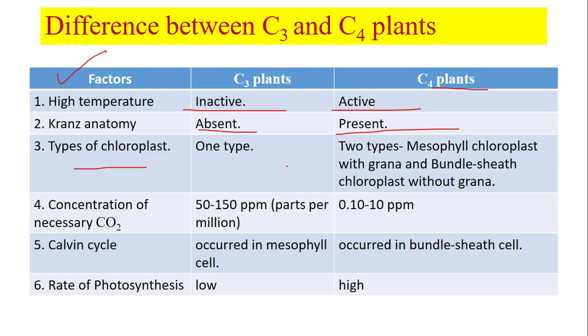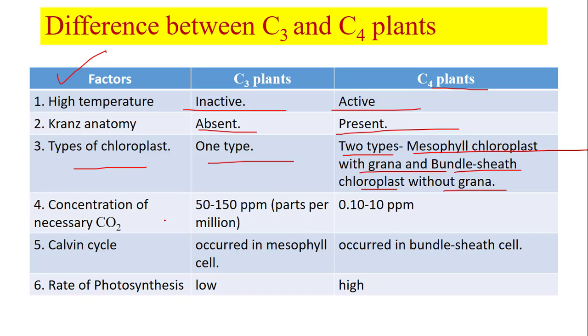Types of chloroplast. One type of chloroplast is found in C3 plants, whereas two types of chloroplast are found in C4 plants. One is mesophyll chloroplast. It has grana, but another one is bundle sheath chloroplast. It has no grana.